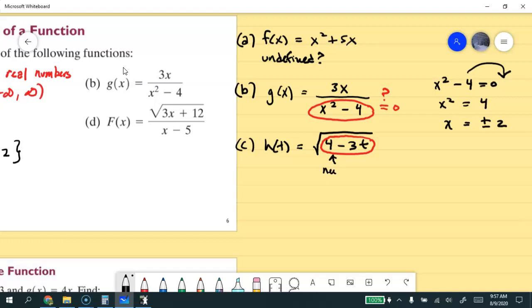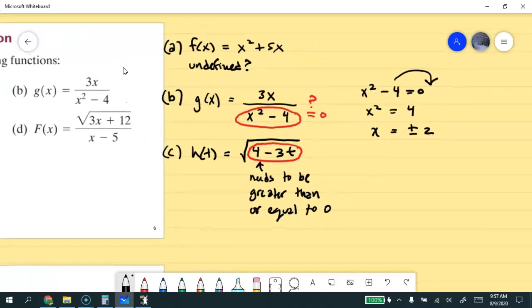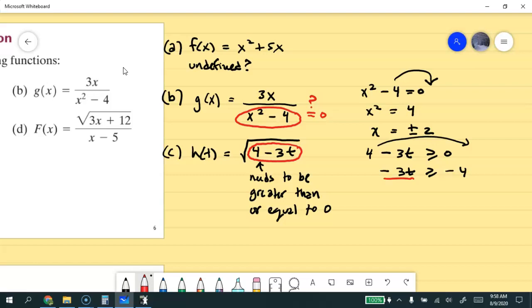So what that means is the domain of, and this is where it gets tricky, this always needs to be greater than or equal to 0. And because it has to be greater than or equal to 0, that's how you're going to tell the domain of this, right? So you're going to write down 4 minus 3t always has to be greater than or equal to 0, and therefore negative 3t is greater than or equal to, let's bring the 4 over so it becomes a negative 4, and then you have to divide by negative 3 on both sides.